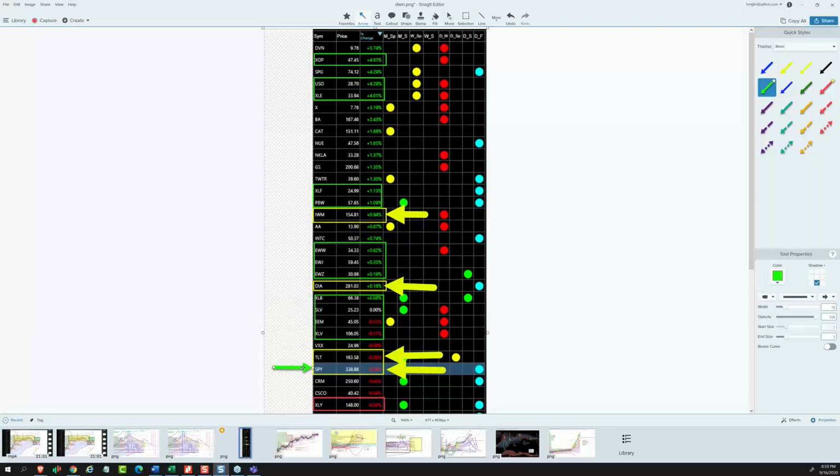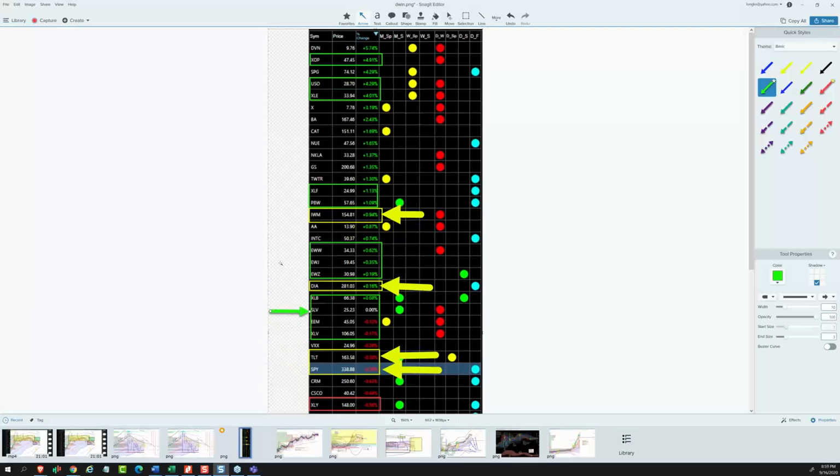So just fractionally better. Then we have a cluster in here of Mexico, Japan, and Brazil between 0.2 and 0.6. Then we have finance and clean energy at 1.1% gains.